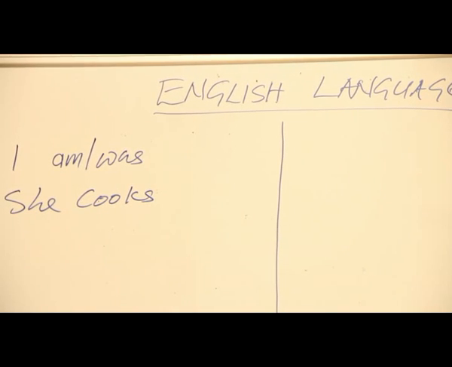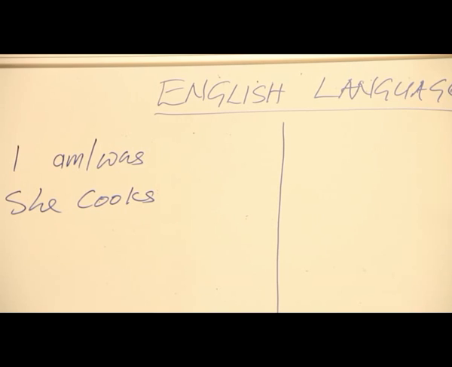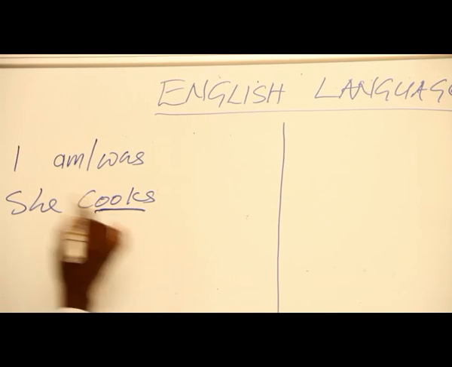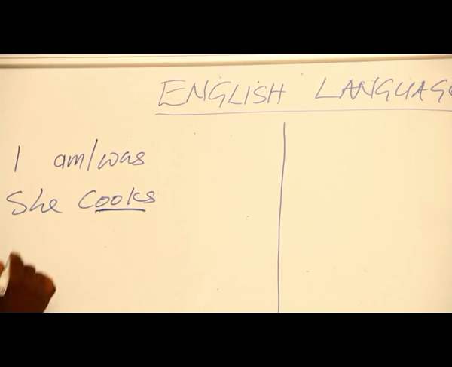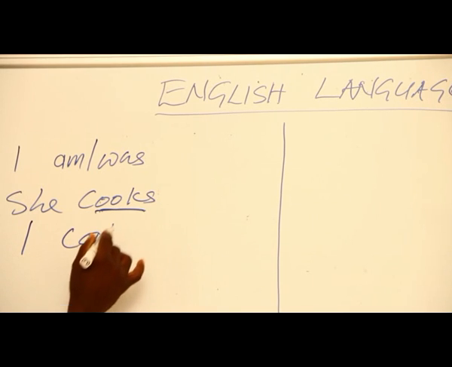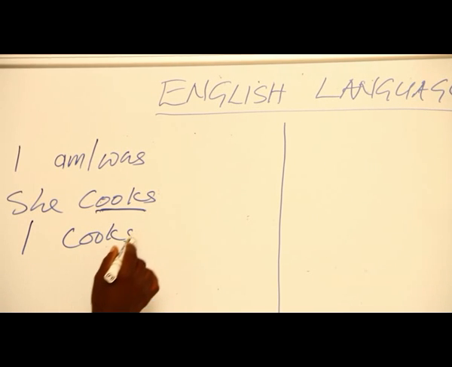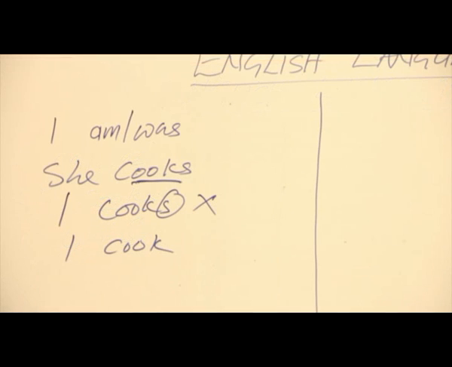Now, if it comes to the first person pronoun I, when it comes to a main verb such as cook, what we'll have is not going to be I cooks, but it will be I cook. So you must note this, the fact that for first person pronoun I, its main verb will be the plural verb.